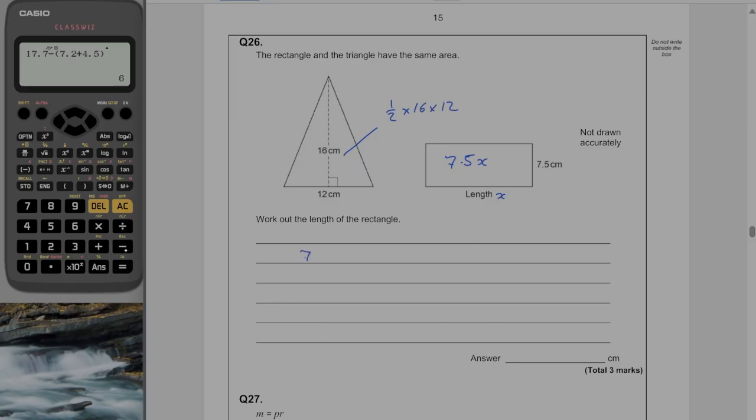So 7.5x is going to be equal to 8 times 12, which would give us 96, I believe. So x is going to be equal to 96 divided by 7.5. That's going to give us 12.8.